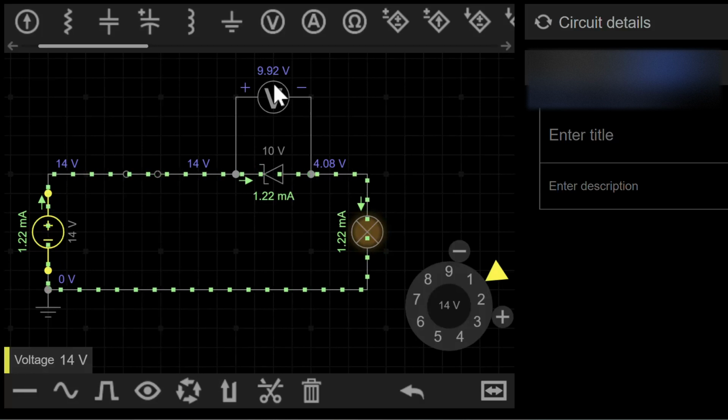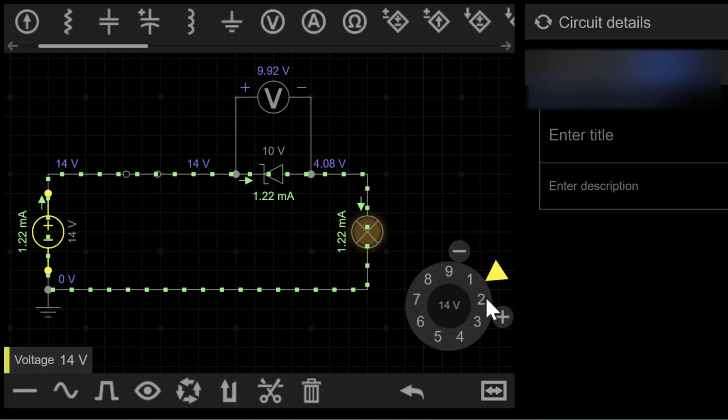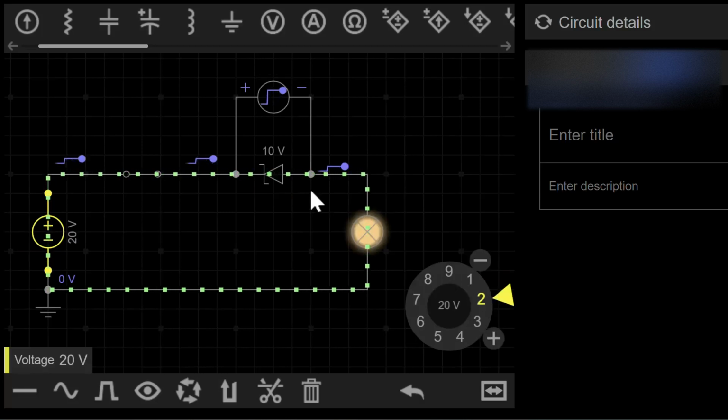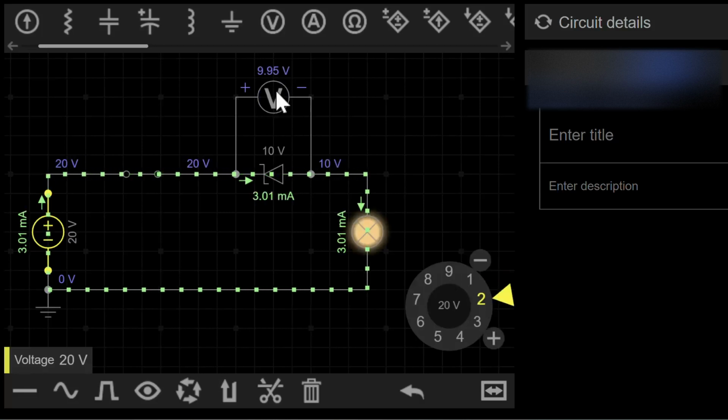If you measure the voltage across the Zener diode, you will notice the voltage is always maintained at around 10 volt. What happens if I increase the voltage to 20 volt? You can see the voltage across the Zener diode is also about 10 volt.